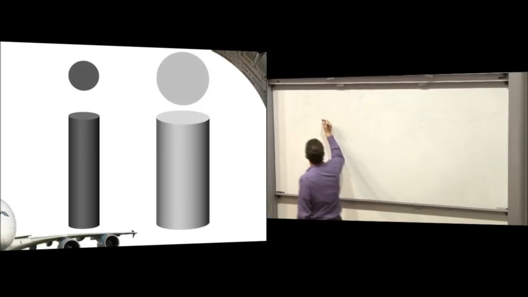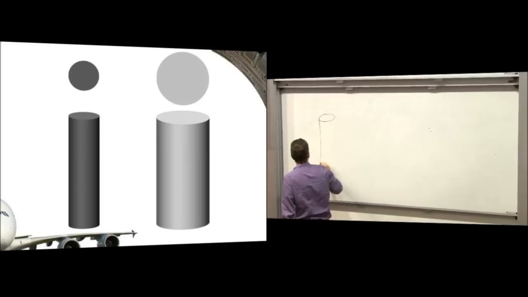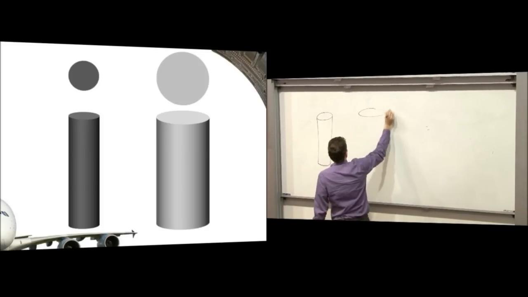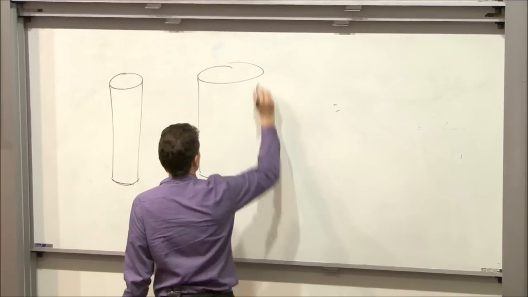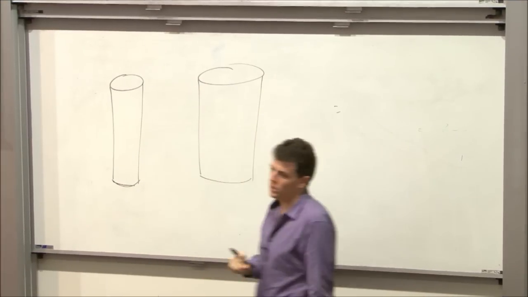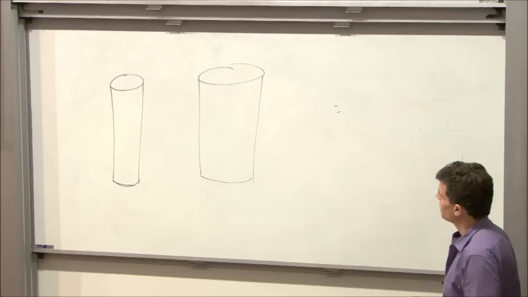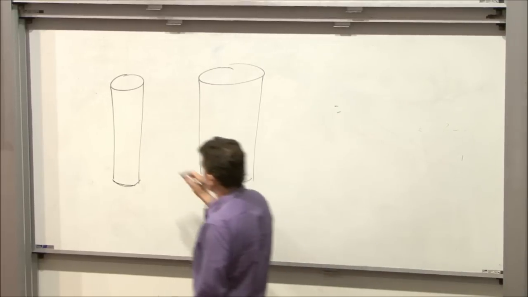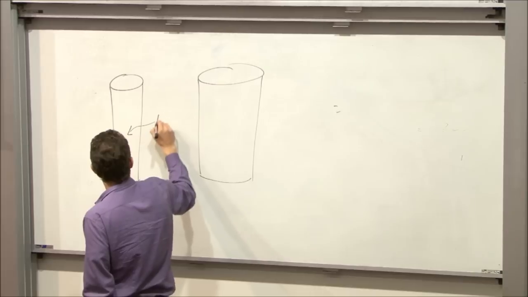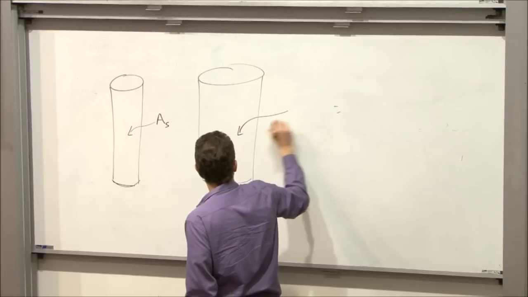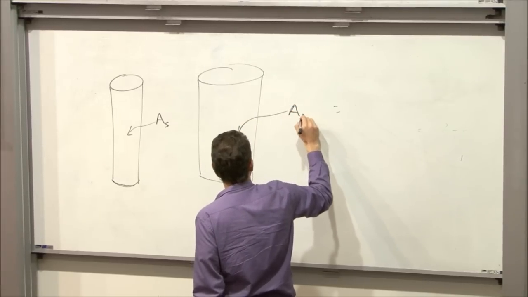We get our steel rod, and I'm drawing the aluminium one bigger because I know that the density of these two things is going to be different. We'll give each one a cross-sectional area, A steel and A aluminium.